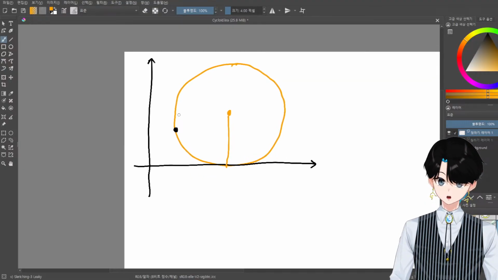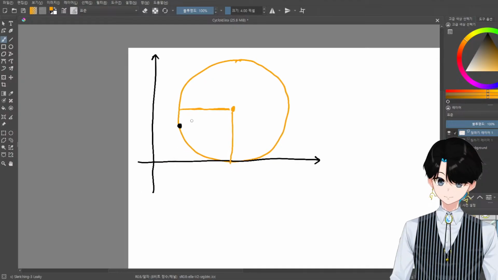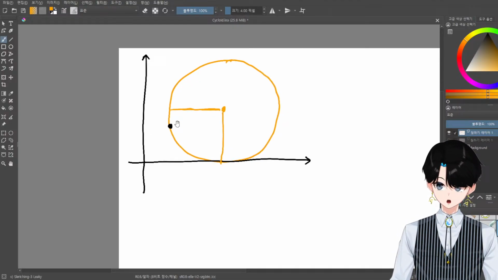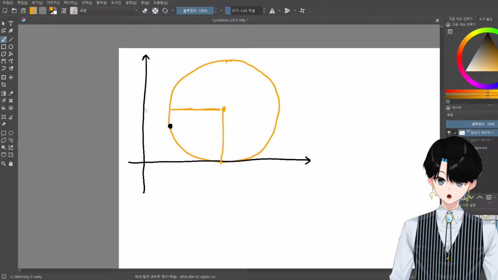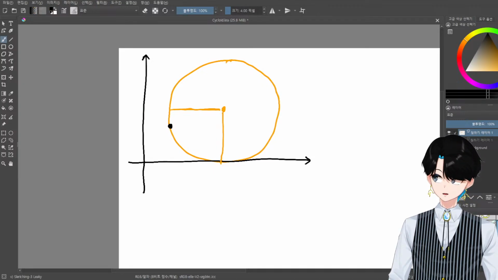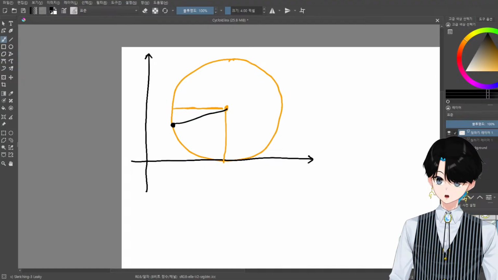As I know, the theta value does not only reside in the 0 to pi over 2 area. It can go over 90 degrees, and the values can go positive and negative. Sure. Okay, but like this, theta will be here.